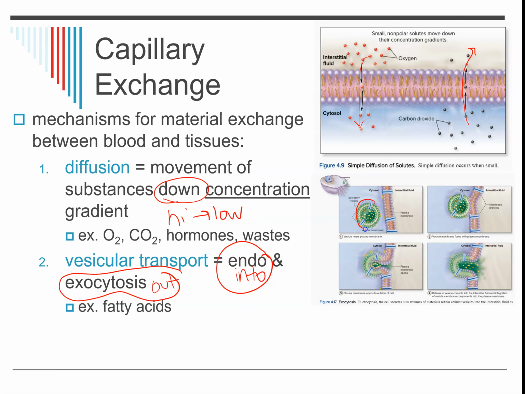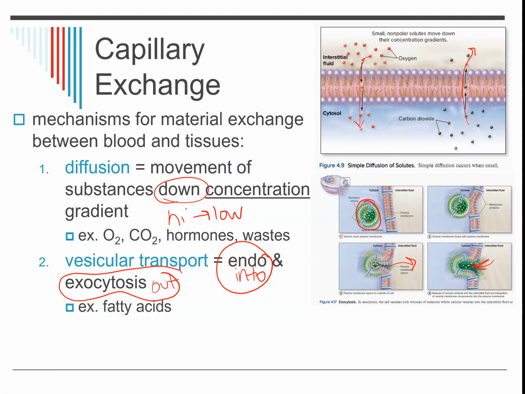But it's using these little vesicles, and they either merge with the cell membrane and then spit the contents out, or you could go in reverse. Maybe it's wrapping around some substances to bring materials in. So exocytosis or endocytosis, depending on which way the materials are moving into or out of the cell.